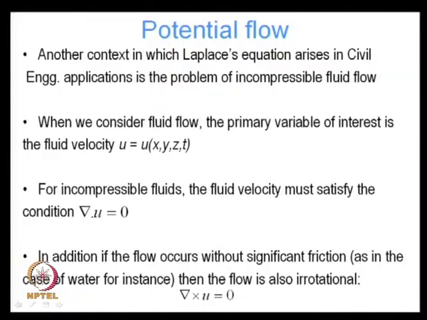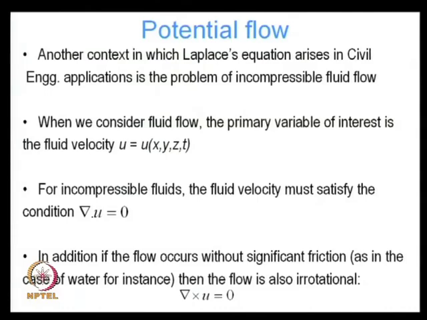This is the curl. It is like the cross product of the gradient operator with the velocity. The flow is irrotational, which means that the curl of the velocity must be equal to 0.